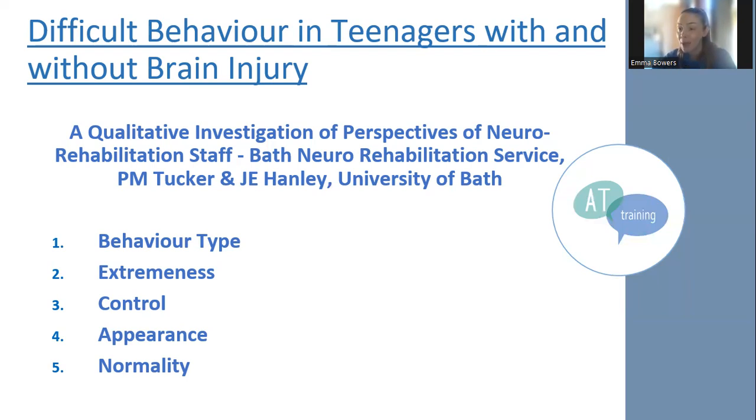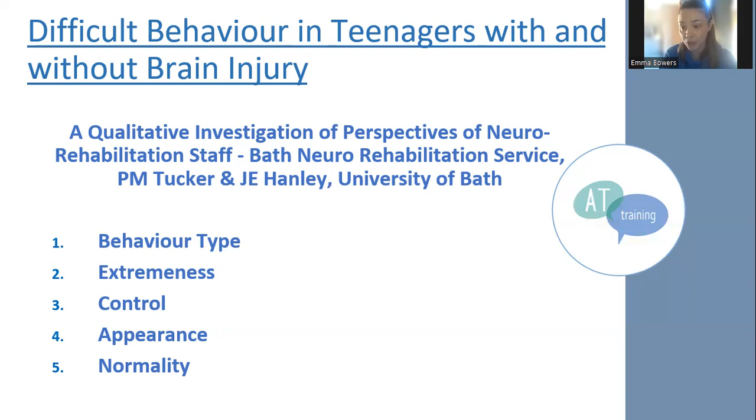So some examples of that might be saying sorry immediately, but then continuing with the behaviour and not being aware that they're doing so. But then we've also got considerations such as frontal lobe paradox. I'll speak about that shortly. Lack of insight and awareness, and the inability to self-monitor.